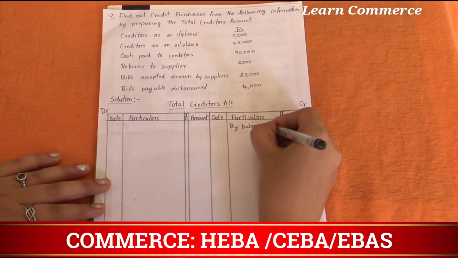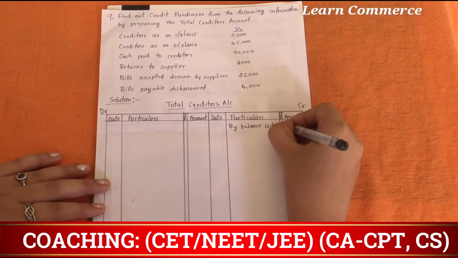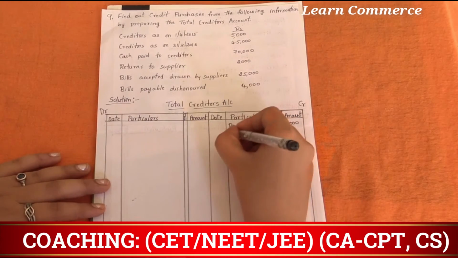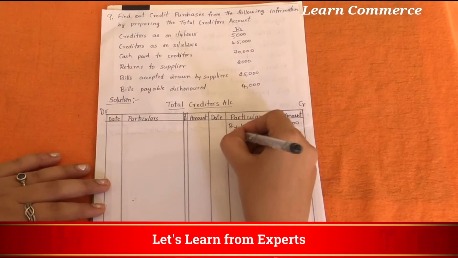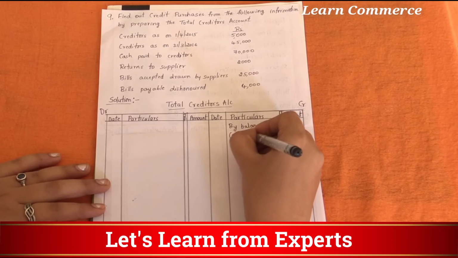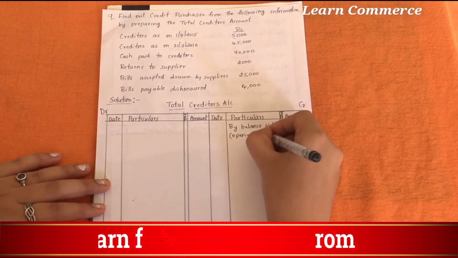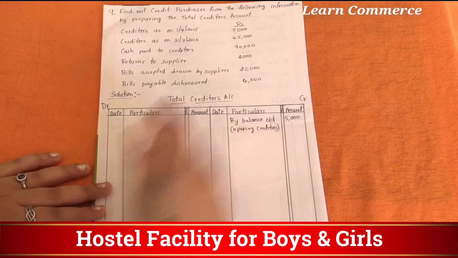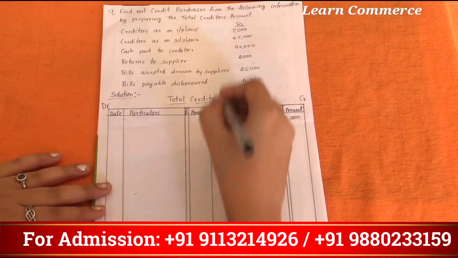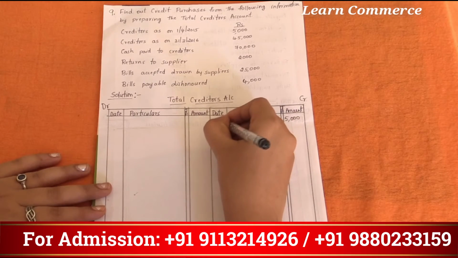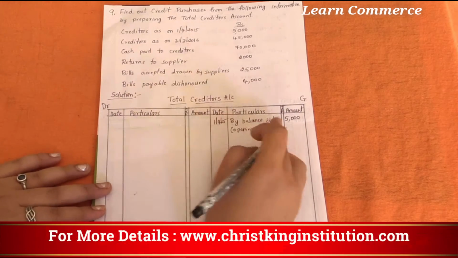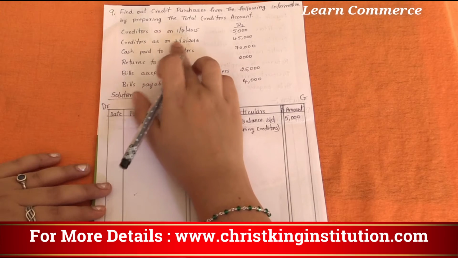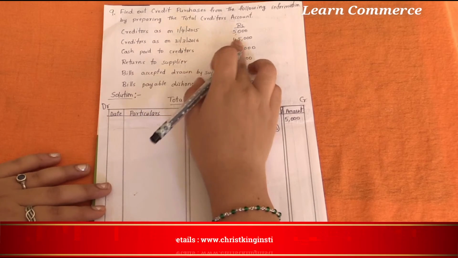By balance brought down, amount is 5,000, in bracket opening creditors. Next, date here given 1/4/2015.